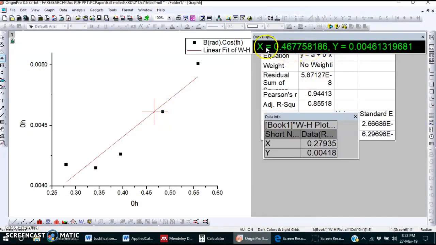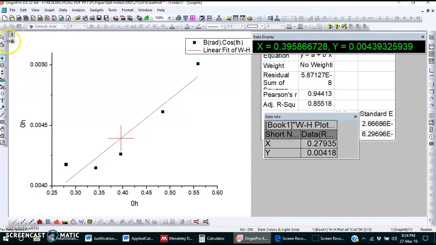Note down the x value and y value. This x value and y value, then dy upon dx will give us the slope.